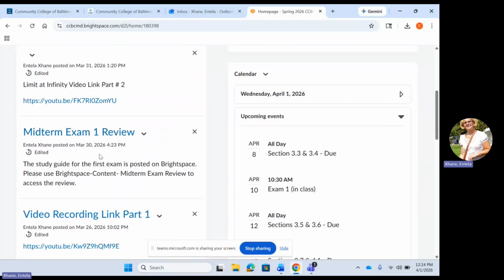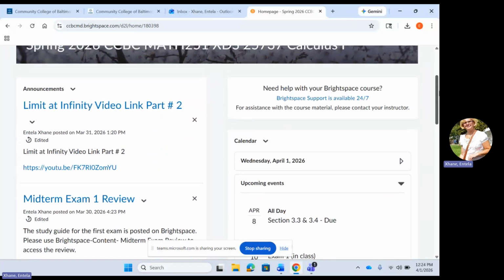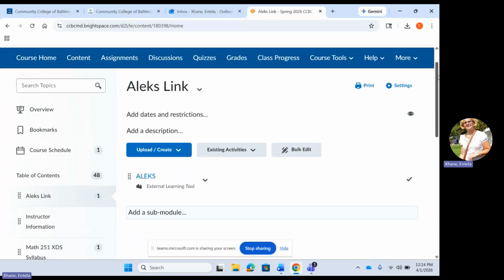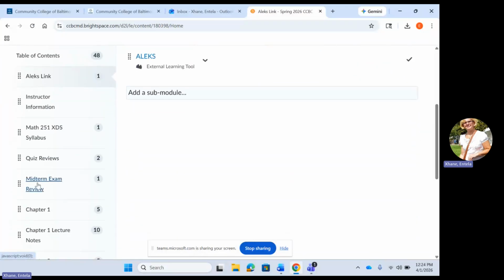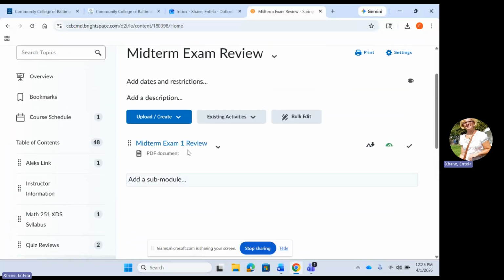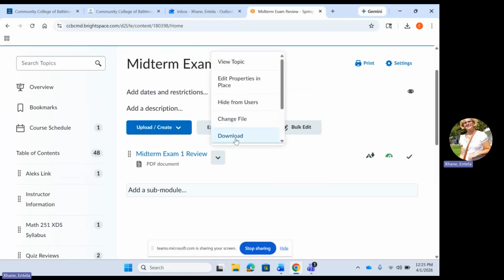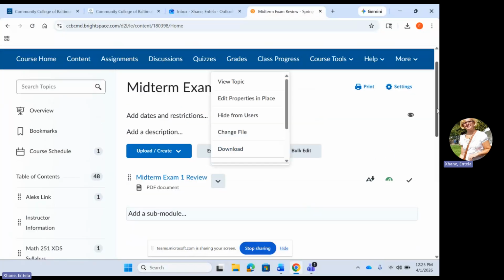You have an email for the midterm exam review notifying you that the copy of the midterm exam is posted. You go to Brightspace content, there's a module created for the midterm exam, and then you have the review. You can download the file by clicking on the arrow sign and then the option download.